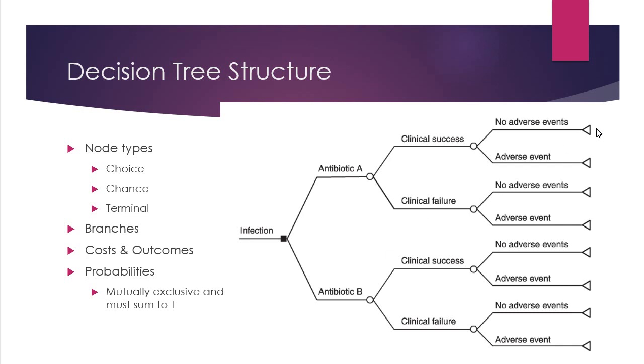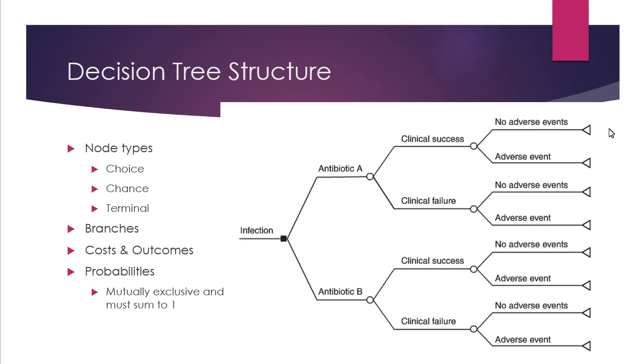And then there are also outcomes associated with each of these, either in the form of a utility or a monetized benefit. A patient that uses antibiotic A achieves clinical success and has no adverse events.